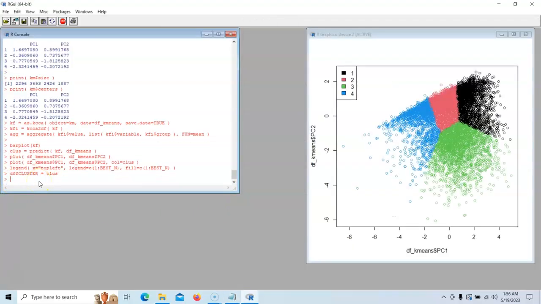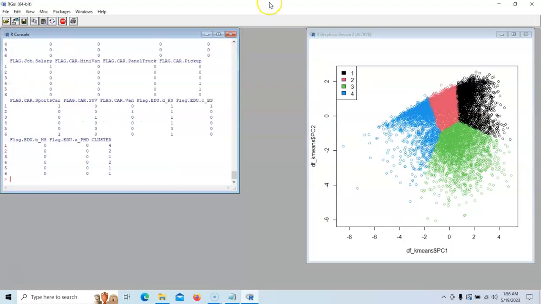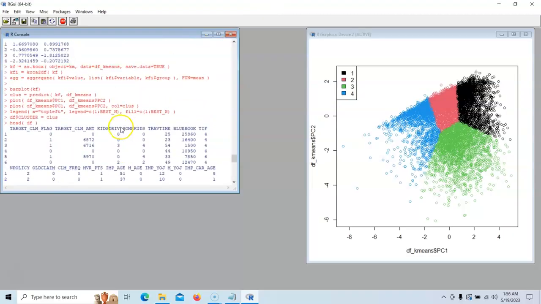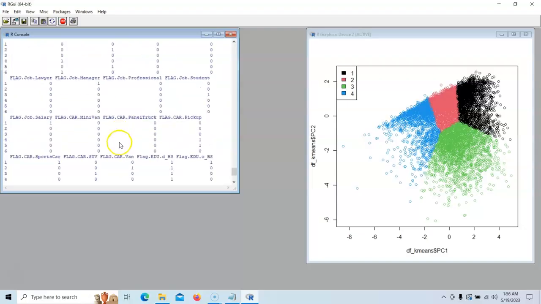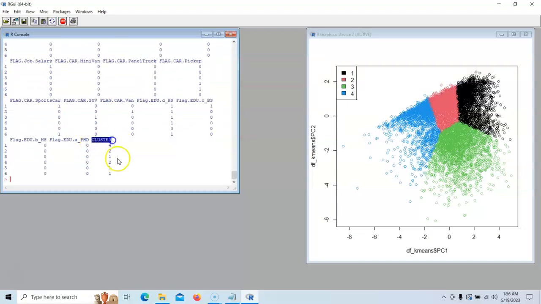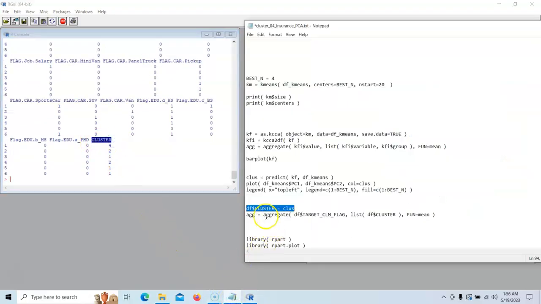So now if I do head of my data frame, you can see I have my targets and all my variables, and then way down here at the end I've got my cluster. Now let's aggregate my target flag, did I crash my car, by my cluster, and let's see if that's predictive.